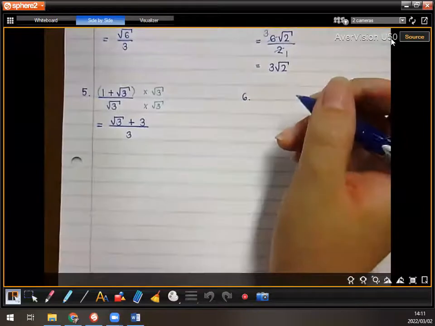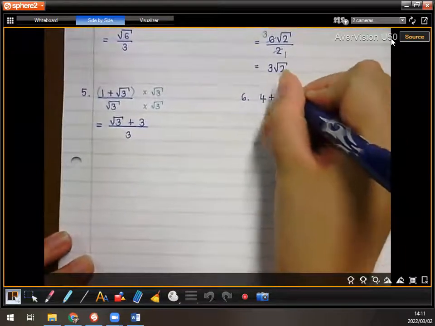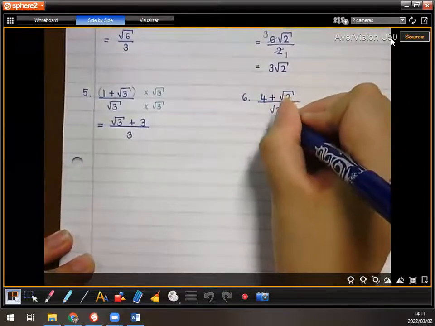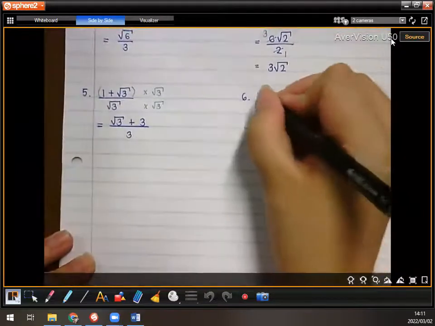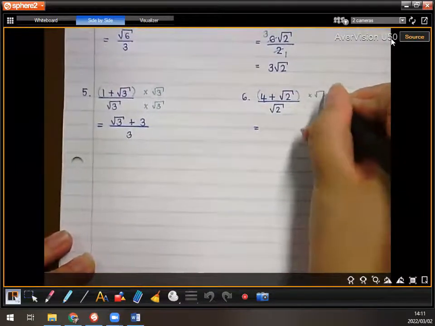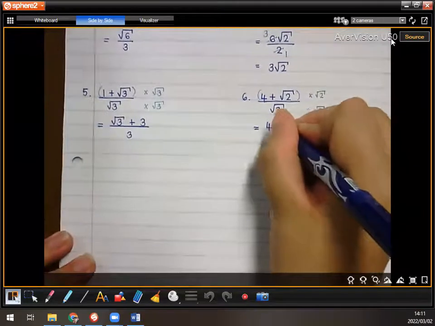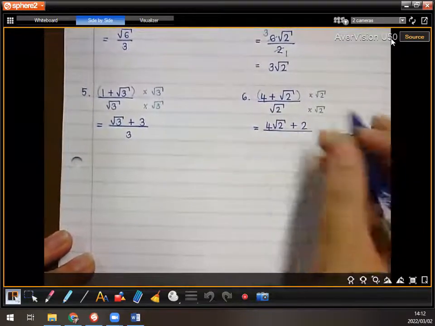Okay, number 6. 4 plus root 2, and that is all over root 2. Again, you have one term in the denominator, so you times the top and the bottom by root 2. You get 4 root 2 plus 2 over 2.